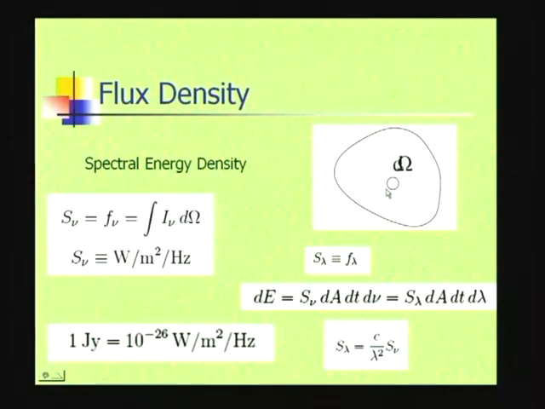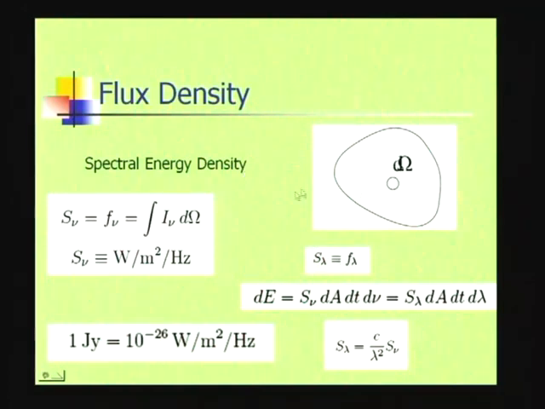So, each point over here, think of a source like this on the sky, the specific intensity varies from point to point on this source, right. Now, for a star or a supernova, the source is not resolved. My telescope beam is actually bigger than this.